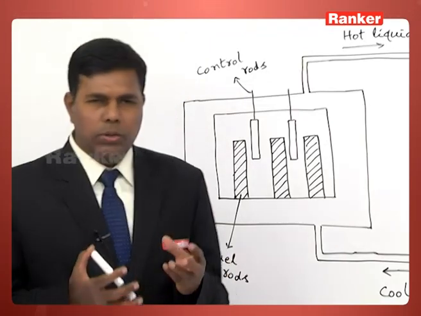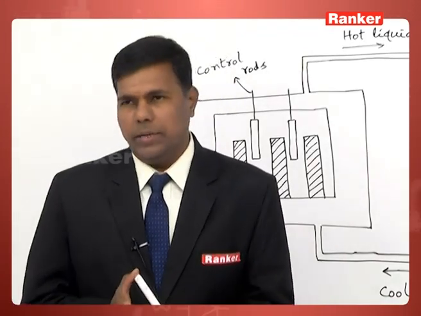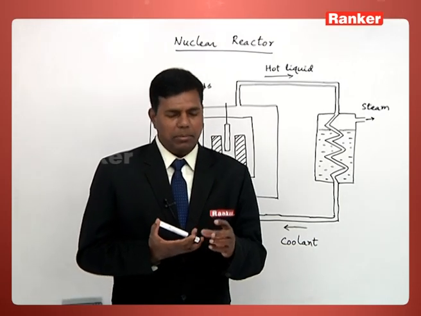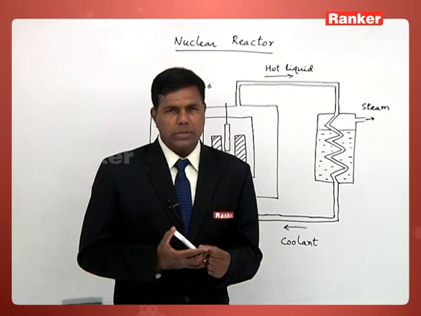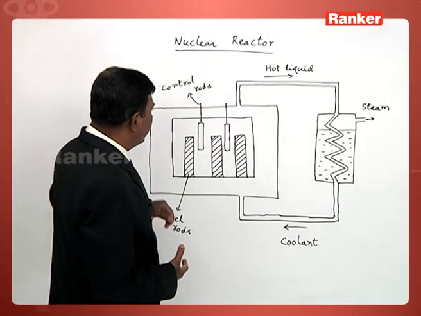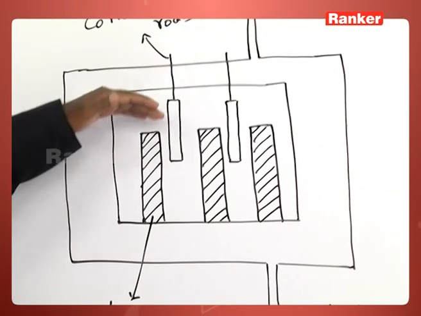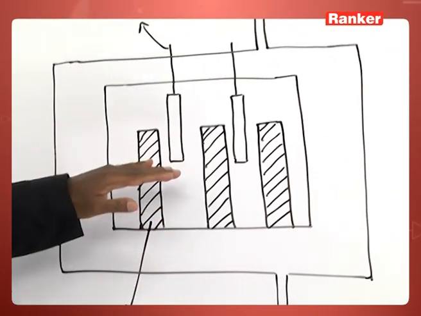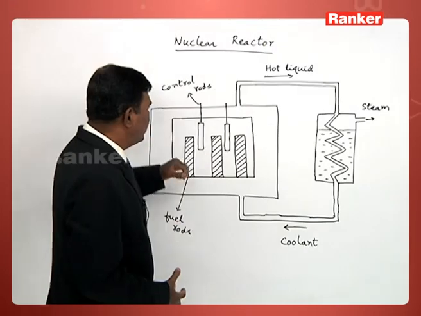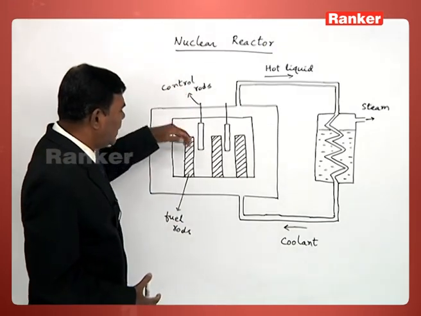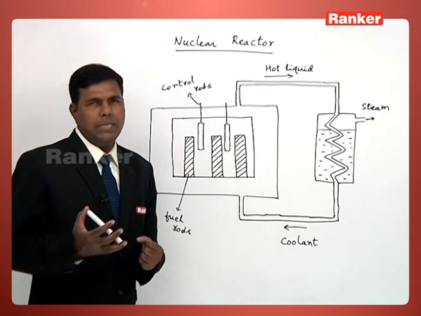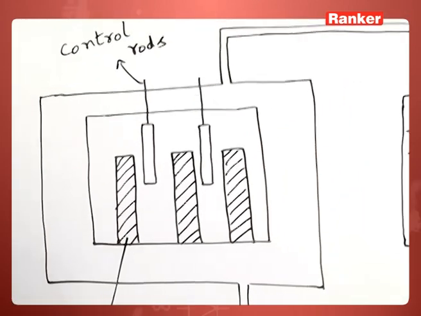These are good absorbers of neutrons. The best example is cadmium, which is capable of absorbing neutrons. These control rods are arranged in such a way that they can be pushed inside the reactor or moved outside, depending on your requirement. If the rods are moved inside the reactor, they absorb more and more neutrons, and the chain reaction is slowed down.